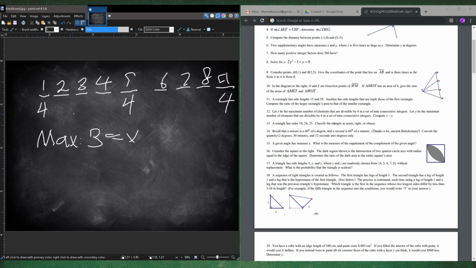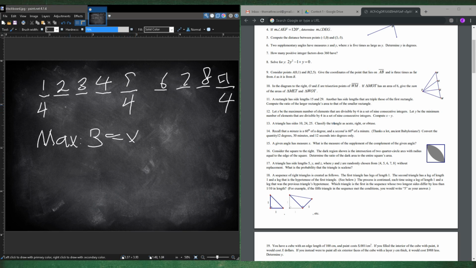So we need to find the minimum amount for 4. If we want to minimize it, we want to subtract as many as possible out. If I have a 4 here, then only 1 is out. But if I have a 4 here, then 2 are out. If I have a 4 here, then 3 of them are out.